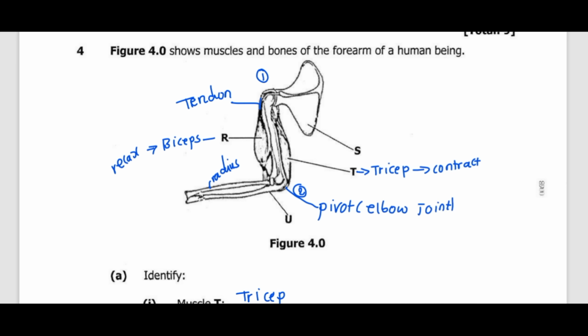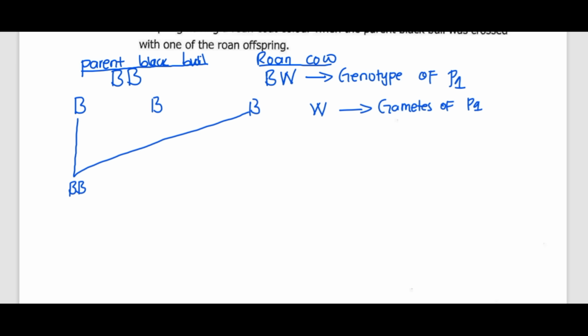Then we are going to separate these. We have B, then W. So this now becomes the gametes of the first parental generation. So we can now do the crossing. So we can see that we have pure black bull.